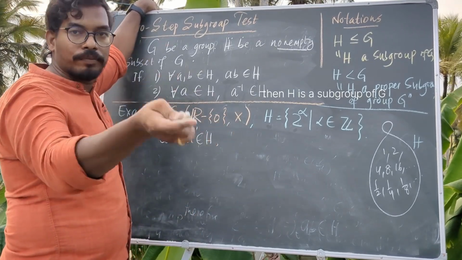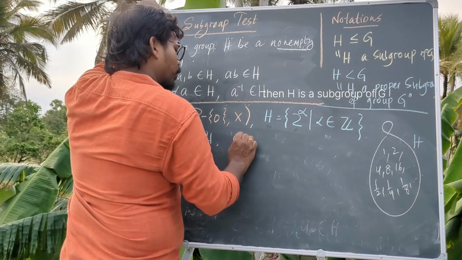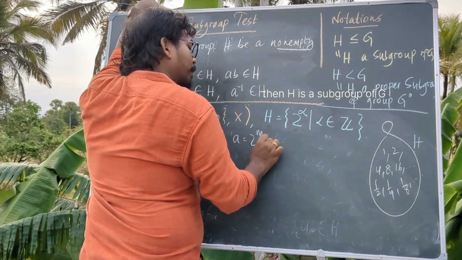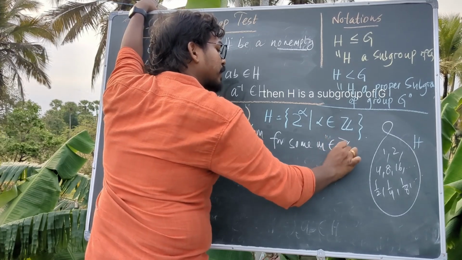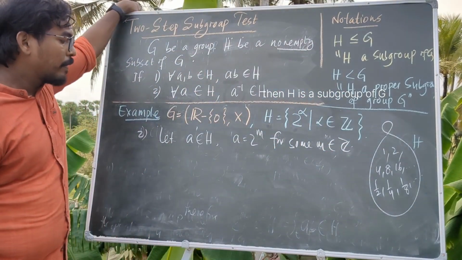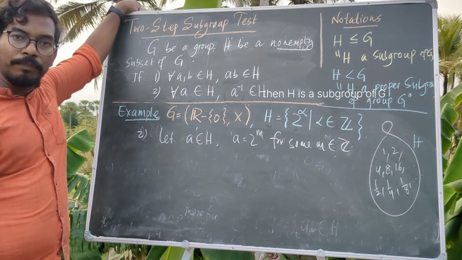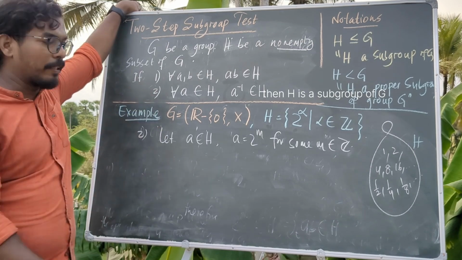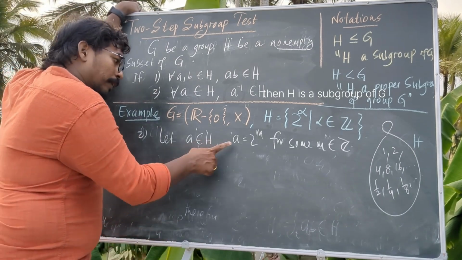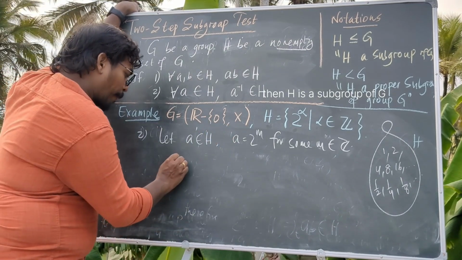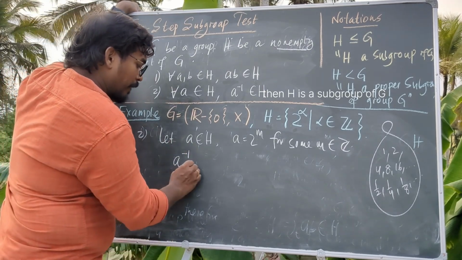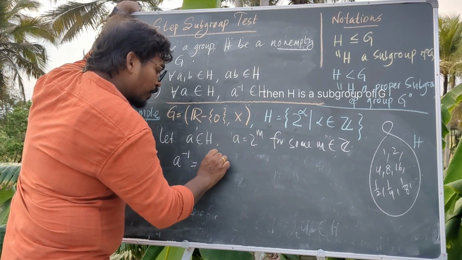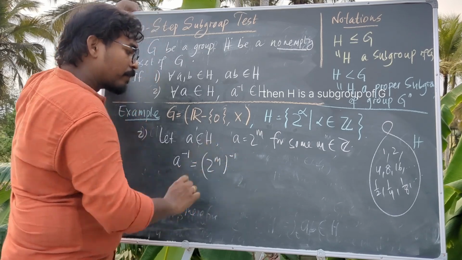If A is in the subset H, A must be some power of 2. A equals 2 to the power m for some m in the set of integers, and we will show that its inverse also belongs to the subset H. What is the inverse of A? The inverse of A is this one. Why?